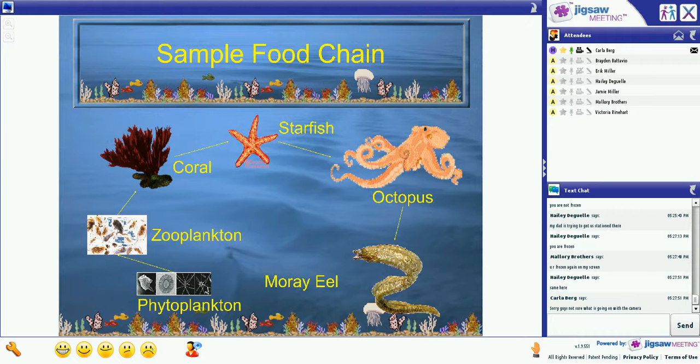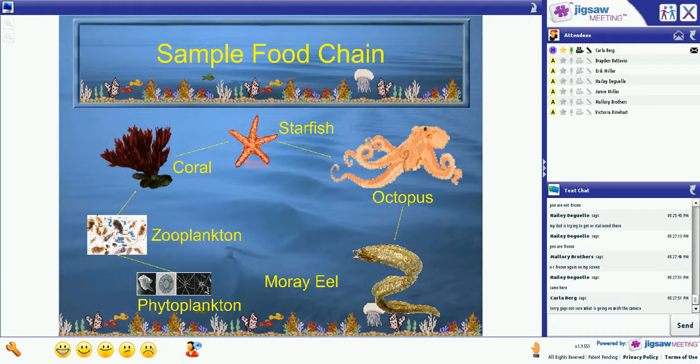So a food chain is showing us what eats other things. For example, this food chain is showing me that an octopus eats a starfish. What is another relationship that I can read off of this sample food chain?